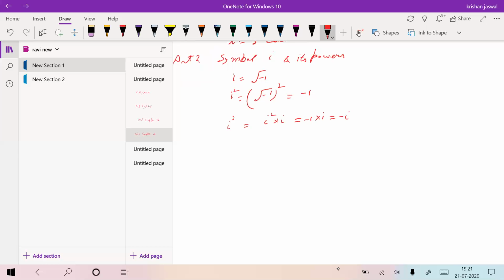And iota 4 is iota square into iota square, which is -1 into -1, equal to 1.